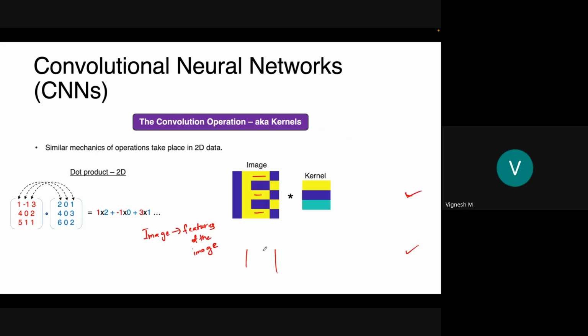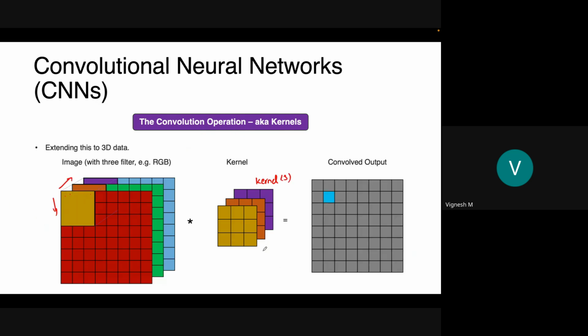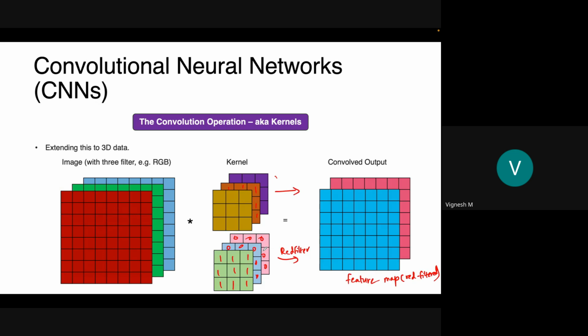The same thing happens here in 3D. When you place it here, you get a 2D result. The output is always 2D. That's why when you add one more kernel, you add one more layer to the output. And the convolved outputs are often what are called the feature maps.